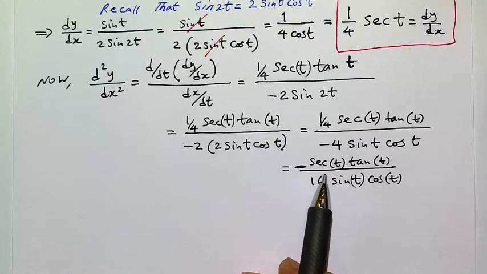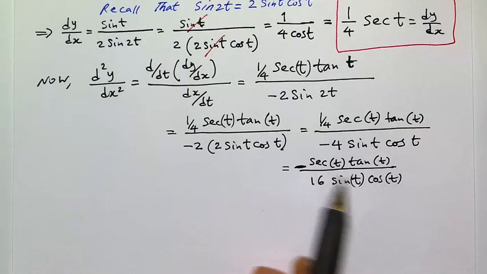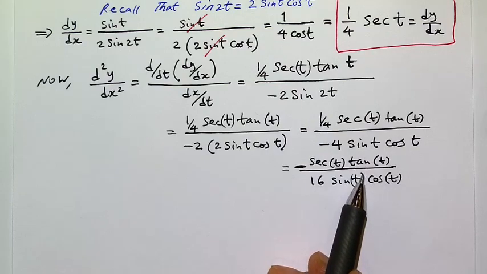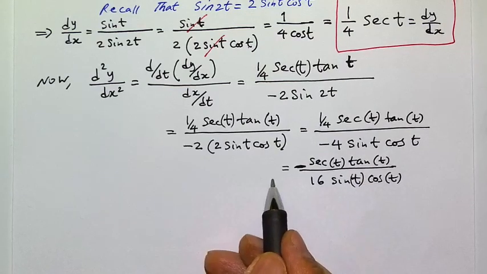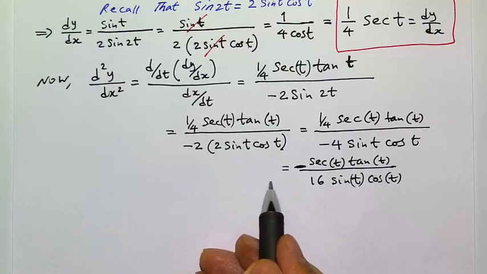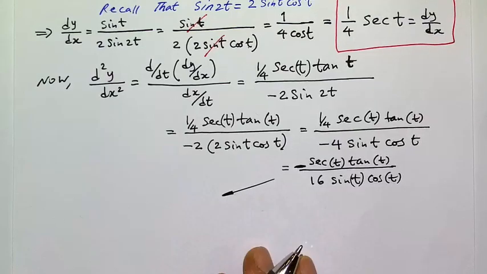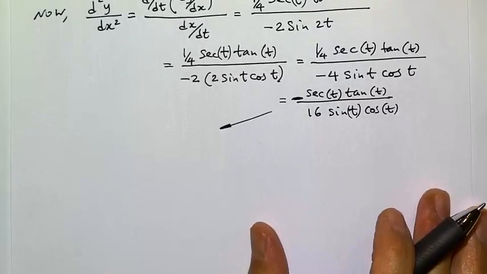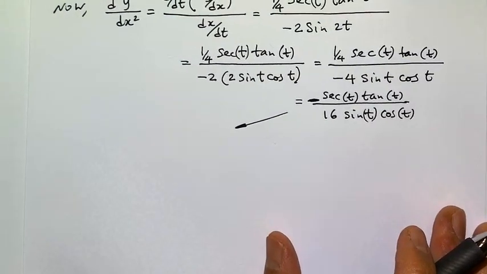So let's expand secant t to 1 over cosine t and tangent t to sine of t divided by cosine of t. And I'll do that here, just so I have enough room here to write something else. Hopefully I can fit all the solution on this one page.